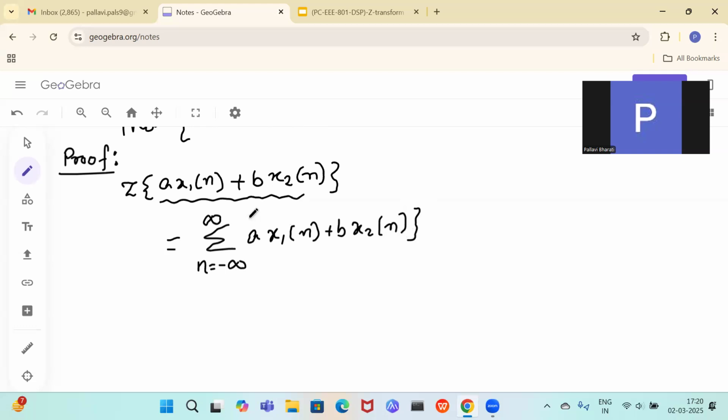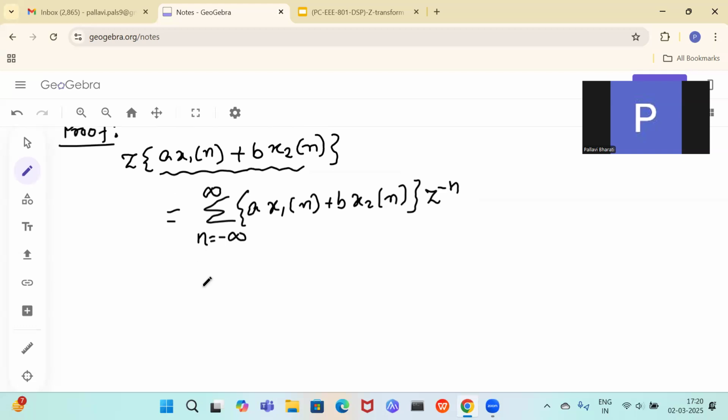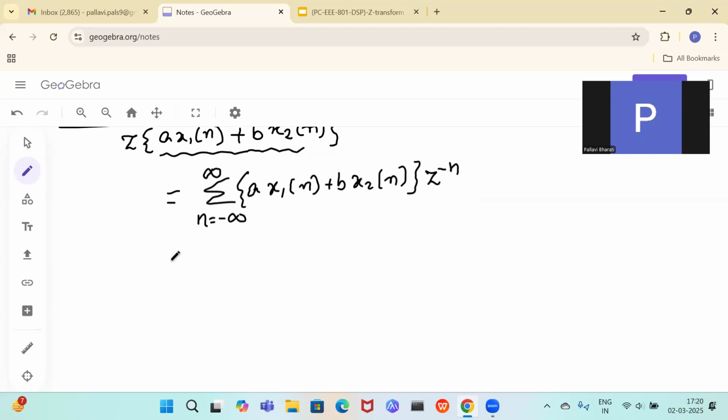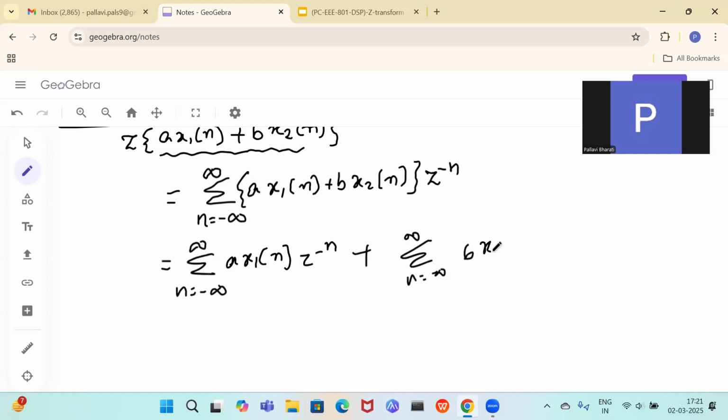Put it inside the bracket and then write z to the power minus n. After this, separate it. Separate it means you will separate the summation into the sum over n from minus infinity to infinity of A into x1n z to the power minus n, plus the sum over n from minus infinity to infinity of B into x2n into z to the power minus n.